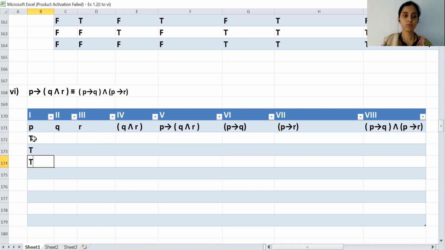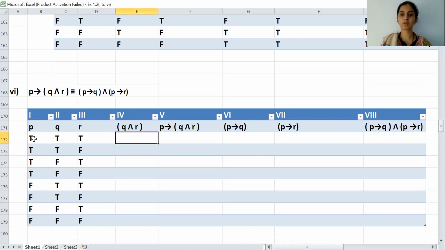True, true, true, true, and false, false, false, false. Then we have true, true, false, false. And R will be alternatively true or false. Next, Q and R, that is our first bracket on the left hand side.